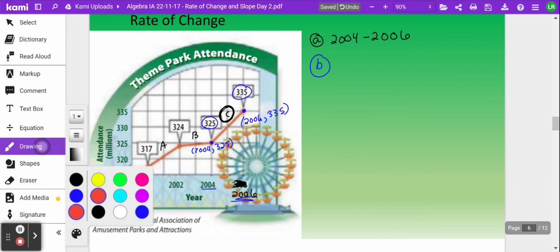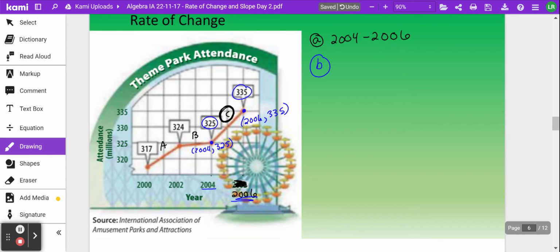And then we would find our rate of change. It's my x1, y1. It's my x2, y2. We can plug these in. So if I did it, I would have 335 minus 325 over 2006 minus 2004.